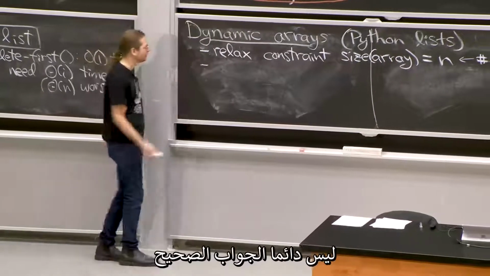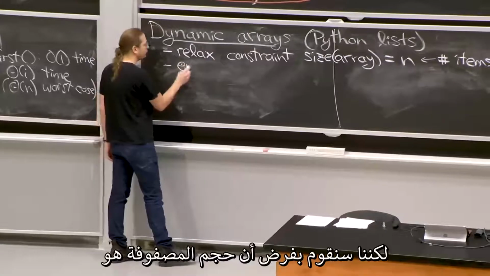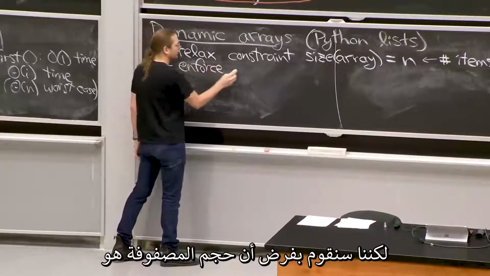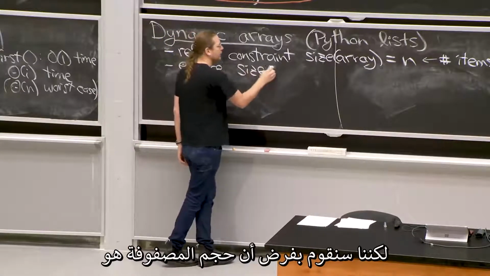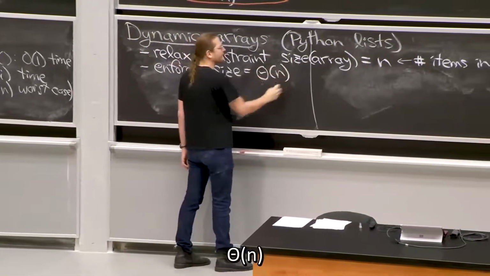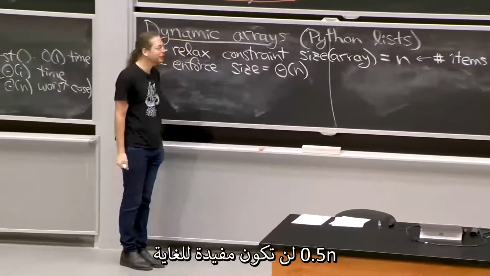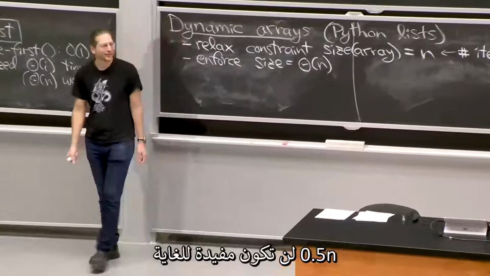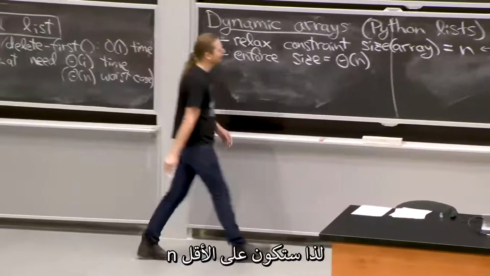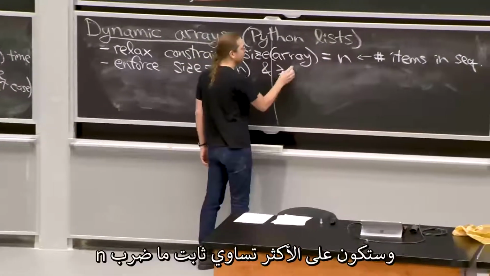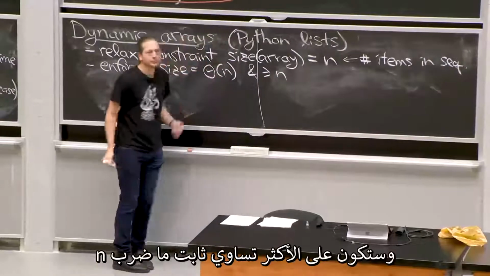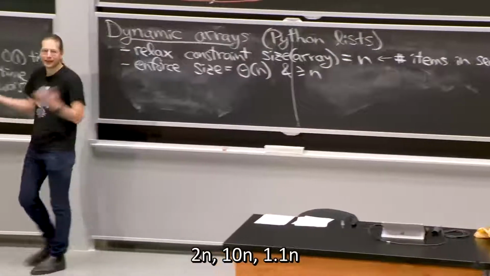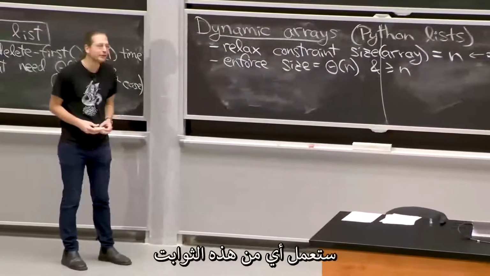It's not always the right answer. But we're going to enforce that the size of the array is Theta(n). Probably also greater than or equal to n. 0.5n would not be very helpful. So it's going to be at least n. And it's going to be at most some constant times n. 2n, 10n, 1.1 times n. Any of these constants will work.